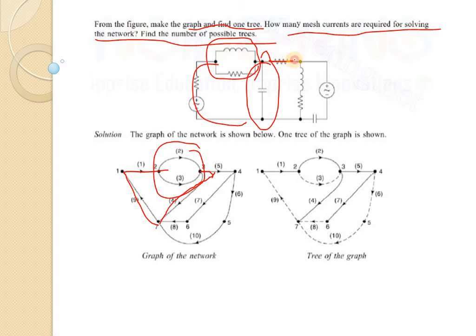Next, this is the resistance part. Then this is inductor and resistance. And this is the voltage and capacitor. So in that way, we can draw the graph.